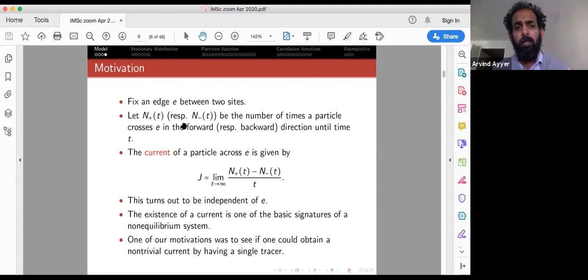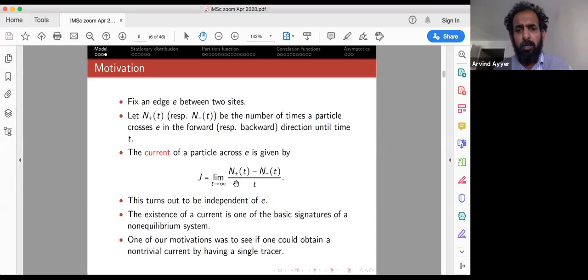Similarly, n minus of t is the number of times it crosses in the backward direction. So you just look at that edge and see how many times any particle moves forward or backward.